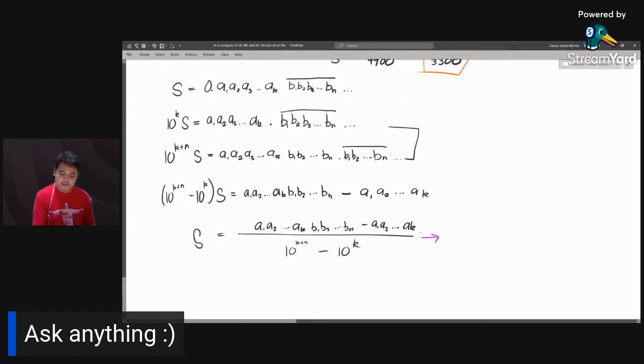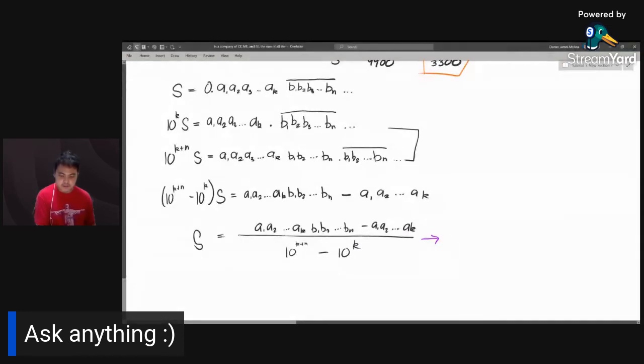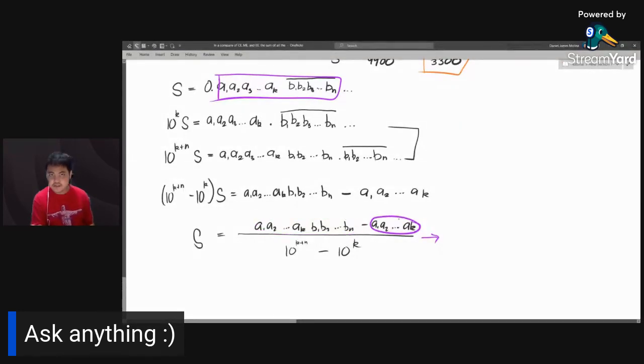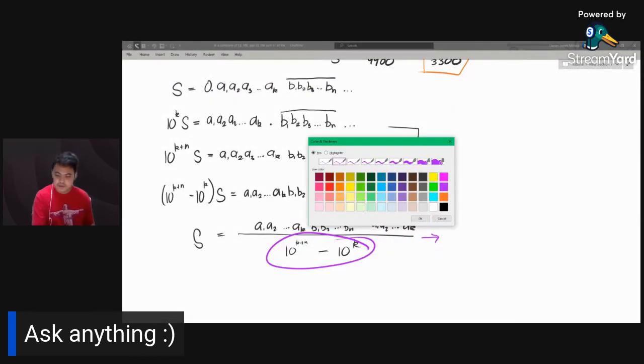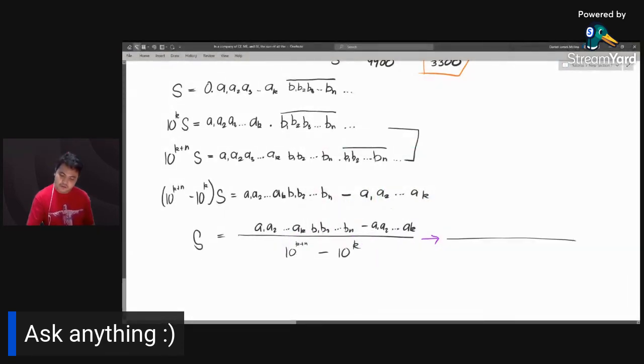So, check lang natin yung pattern. We take the whole string here, subtract it with this term, yung hindi na ulit, then divided by ito. Paano to? It will be a bunch of nines and zeros. Puro 9 yan.